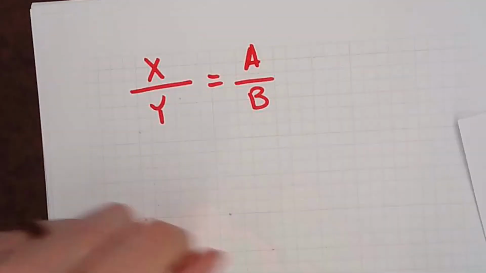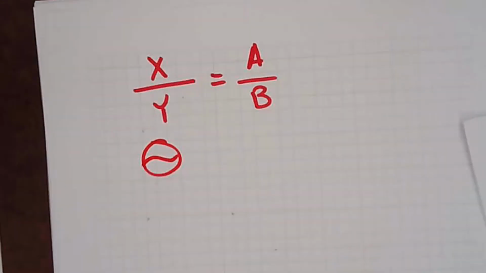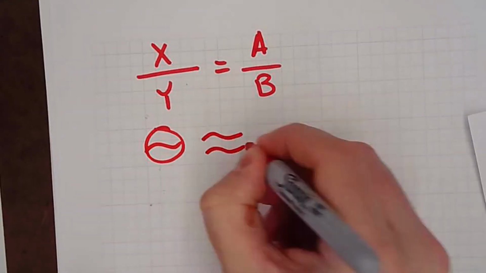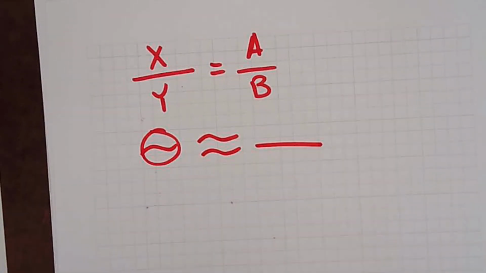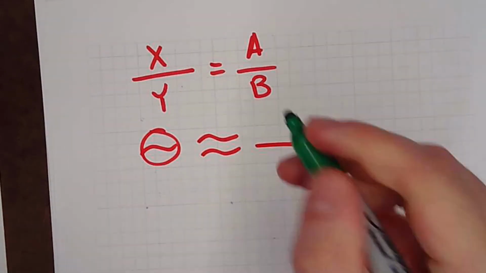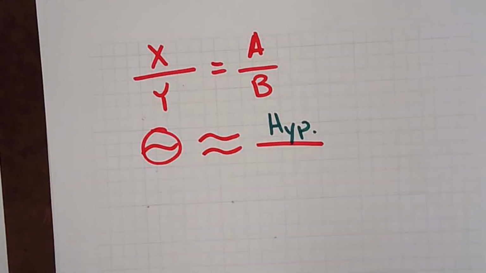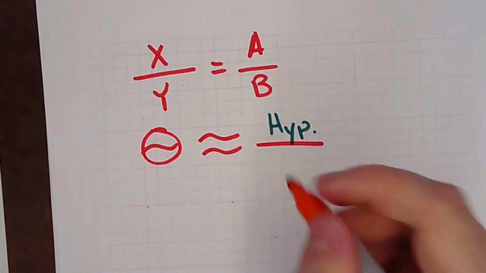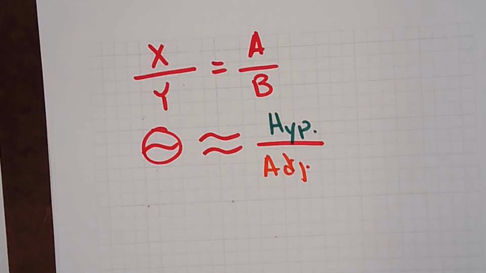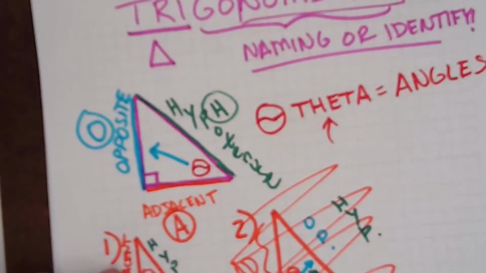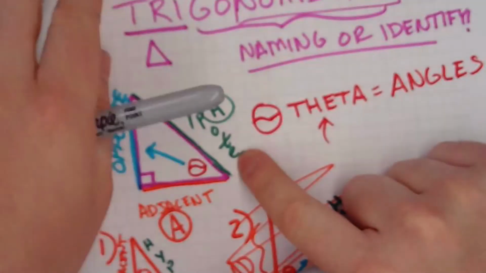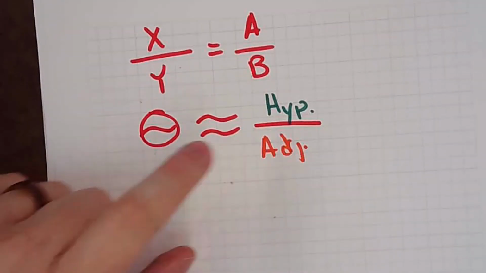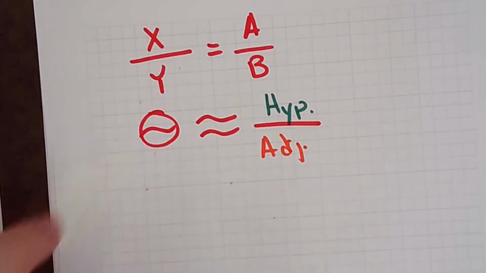So on one side, we're going to have theta. And the other side, we're going to relate it, not equal, but relate it to, maybe, the hypotenuse over the adjacent. And that's how things are going to work. So if I told you that the adjacent was 2, and this side here was 3, 3 over 2 would be our angle. There's a relationship there.